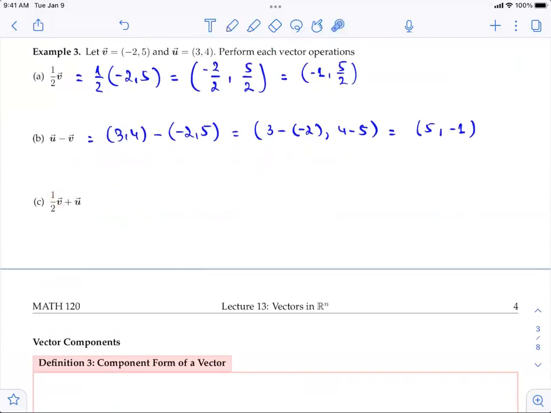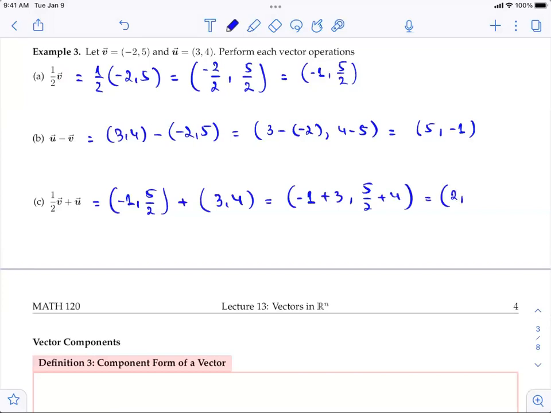Now, the last part here is u plus 1/2 v. We have the 1/2 v already. So it's going to be (-1, 5 over 2) added with (3, 4). Well, this is -1 plus 3, 5 over 2 plus 4, or this is the vector (2, 13 over 2).